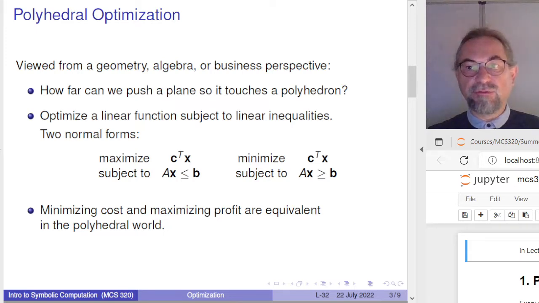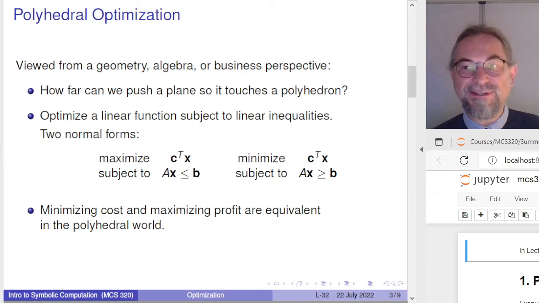The plan is to push that plane as far out as possible. We will see this is a very nice way to visualize the simplex method.